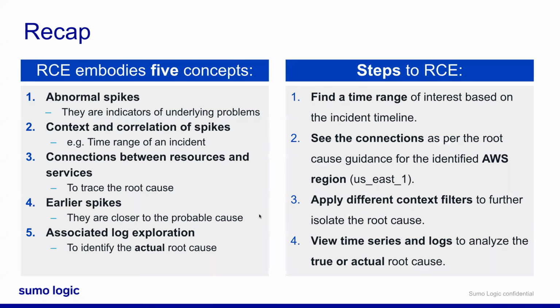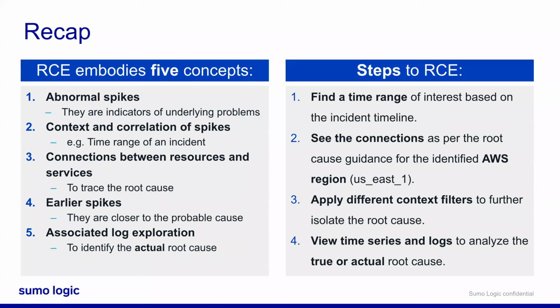So in summary, RCE embodies 5 concepts. The abnormality of spikes is really a big driver in showing that there's an underlying problem. The context and correlation, that time range is important. The connection between the resources and services, so that one service had something happen, another service had something happen.